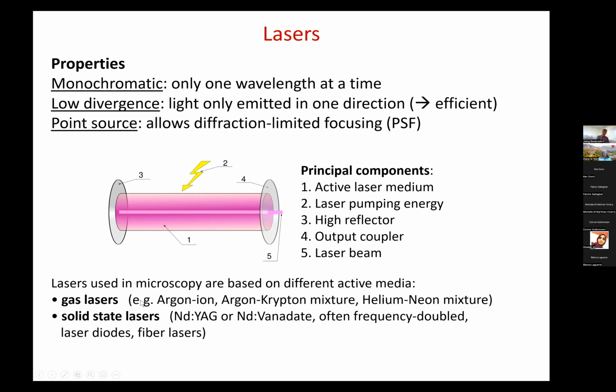But nowadays, in the modern microscopes, they essentially all have been replaced by solid-state lasers, like laser diodes or fiber lasers, which are smaller, much more robust, much more long-lasting in your microscope, and need much less service.